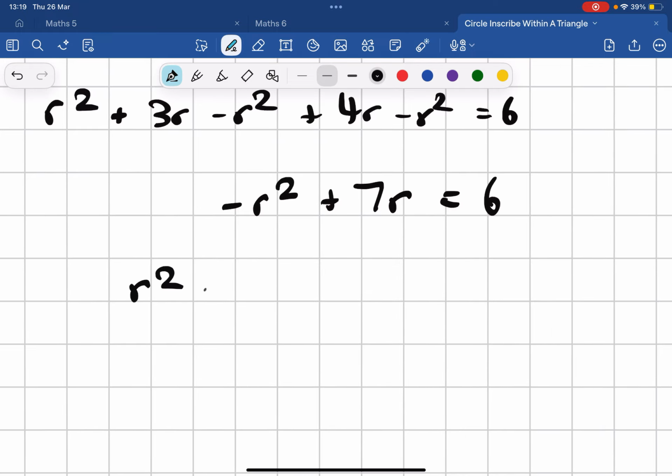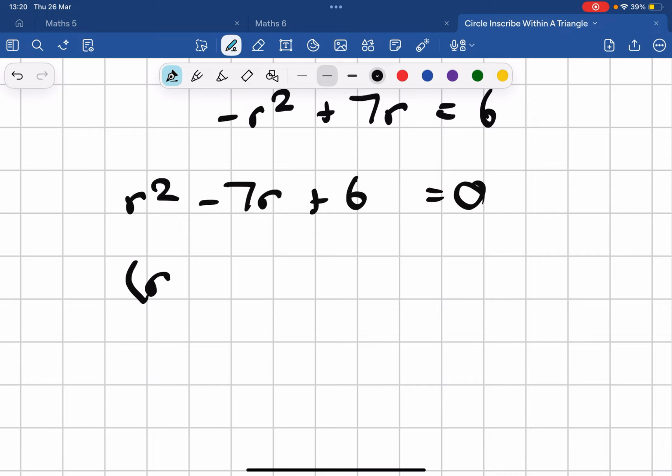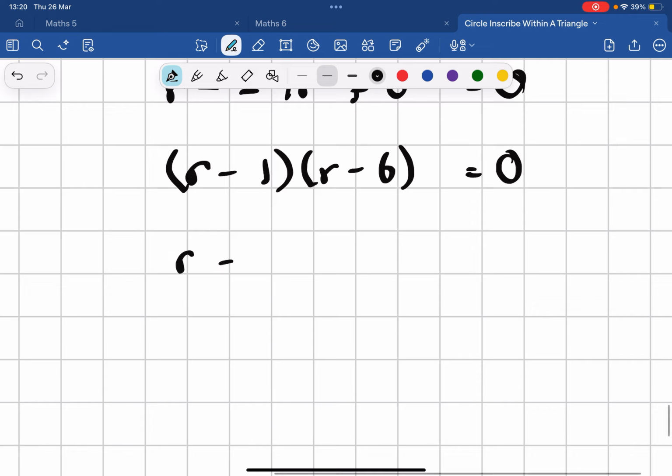Rearrange for 0 on the right hand side, so r squared goes over, so there's a 7r, and the 6 remains where it is, so we would have 0. And then factorize, so r minus 1, r minus 6, which equals 0. So r equals 1 and 6.